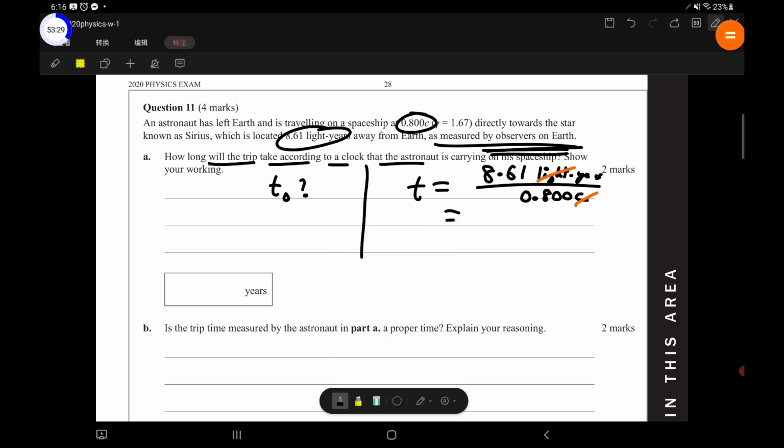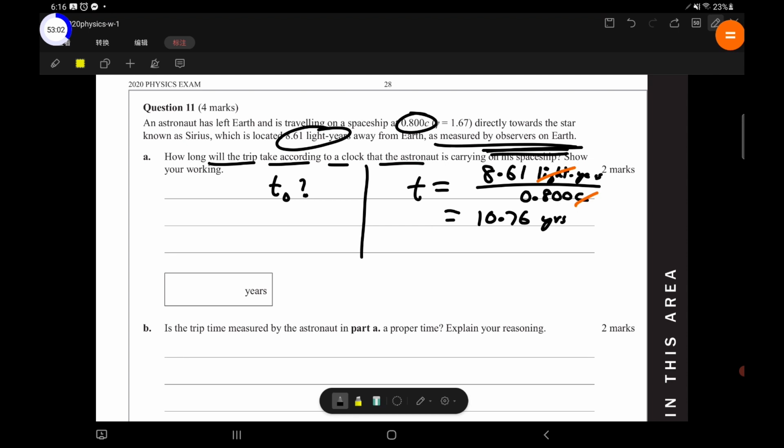And so what we're left with is 10.76 years. That is our dilated time, right? Now, why is this dilated time? Well, that's because the observers on the Earth are measuring dilated time. Because for them, the spaceship is moving from one position to another position. So that position is changing, and hence that is dilated time.